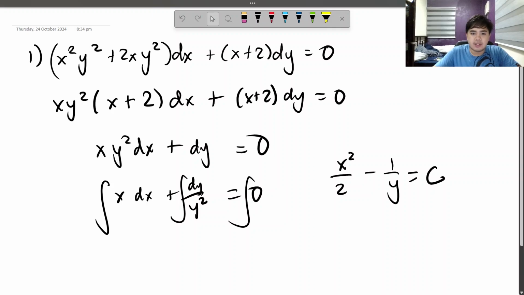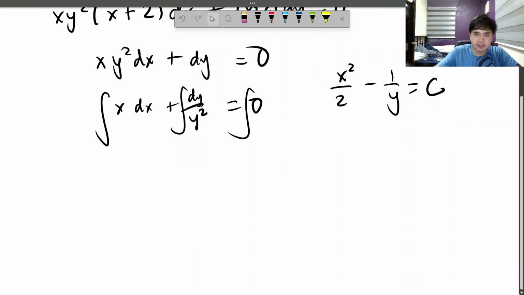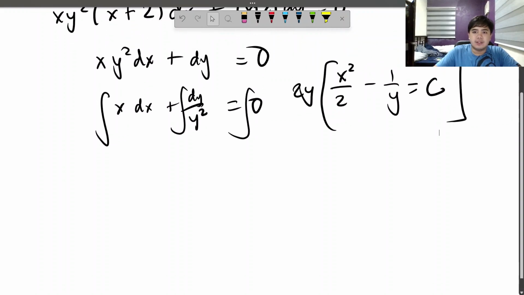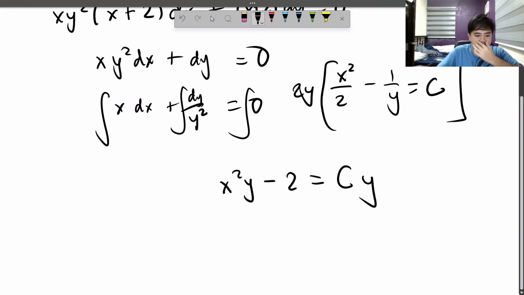To make this simpler looking, we can multiply both sides by 2y in order to get x squared y minus 2 equals c. Since 2 times c is just a constant, we can retain c and then y.